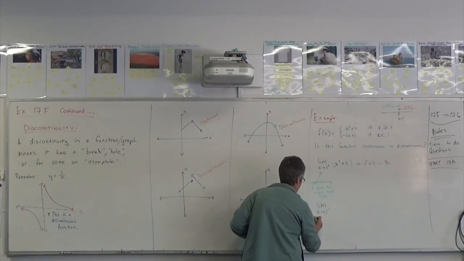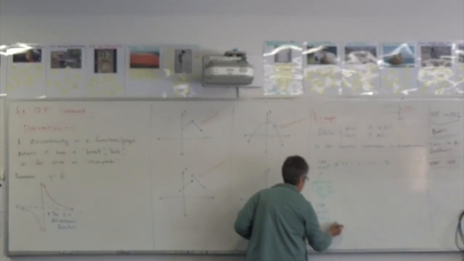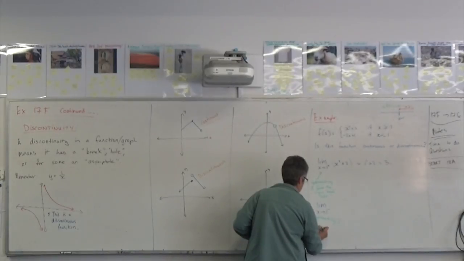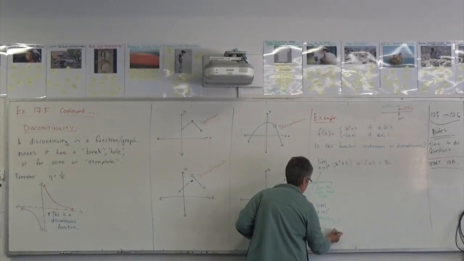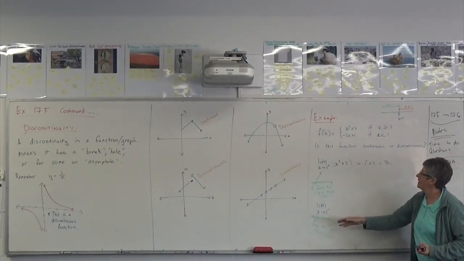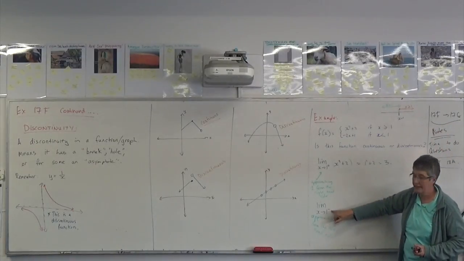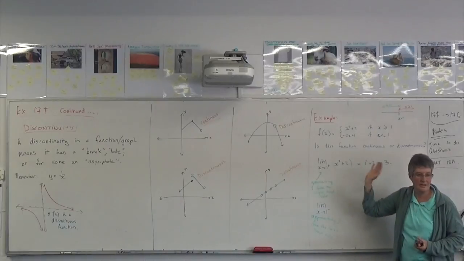So it's approaching 1. So this is to the right hand side, the negative there just means it's to the left hand side.